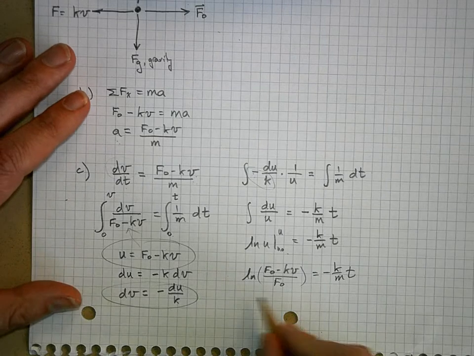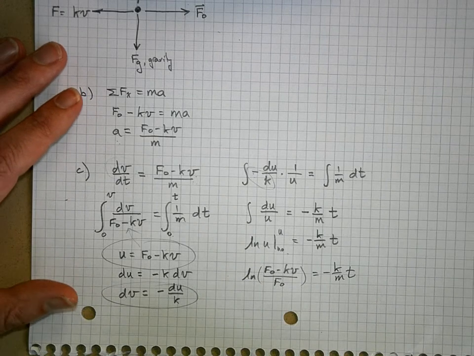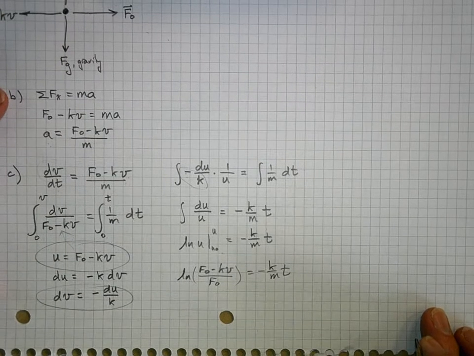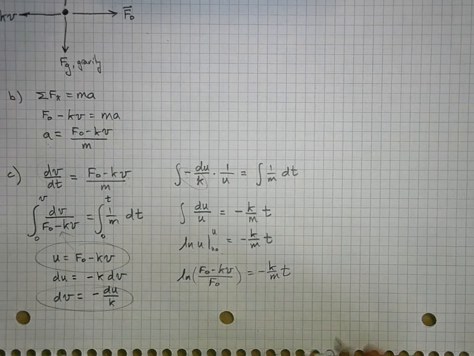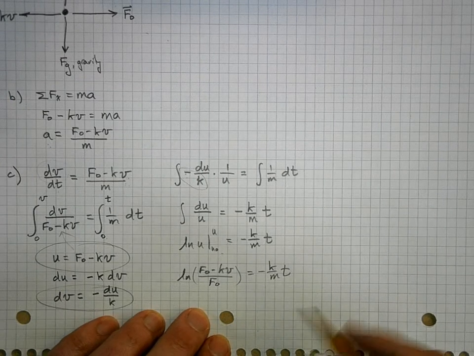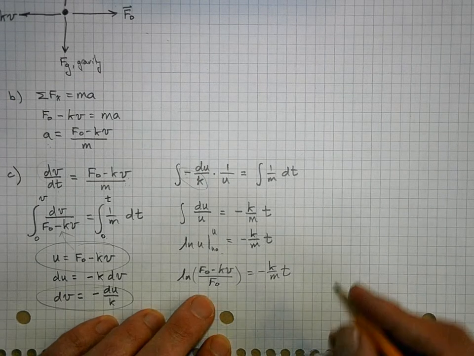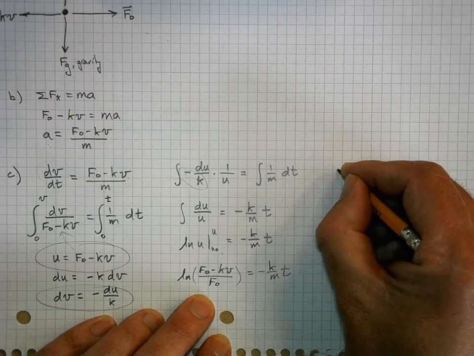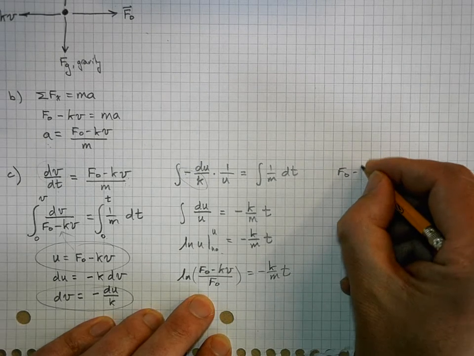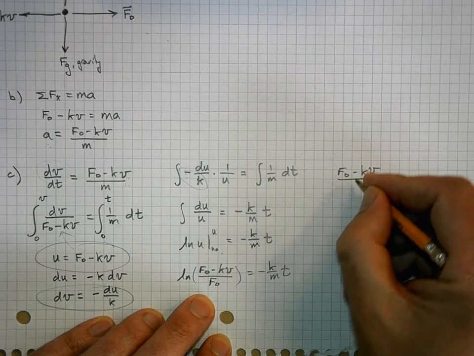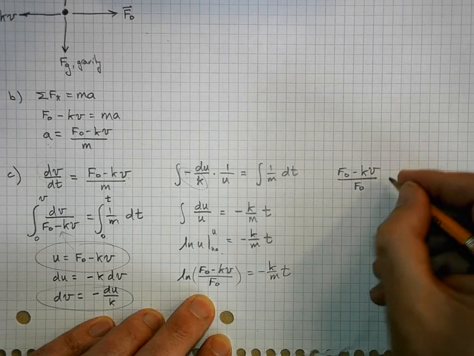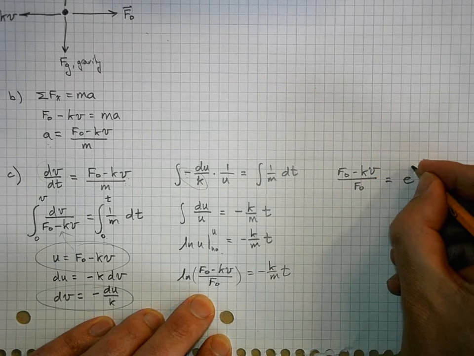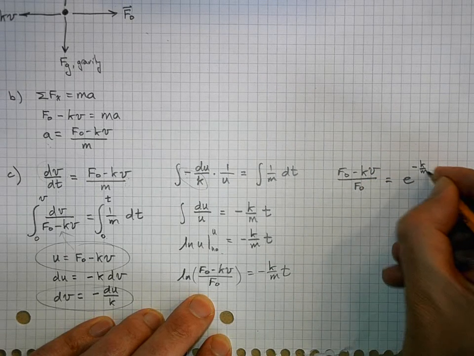Now, what we need to do is solve for v. Well, we're going to raise both to the power of e, which gives me f naught minus kv over f naught is equal to e to the negative k over m times t.